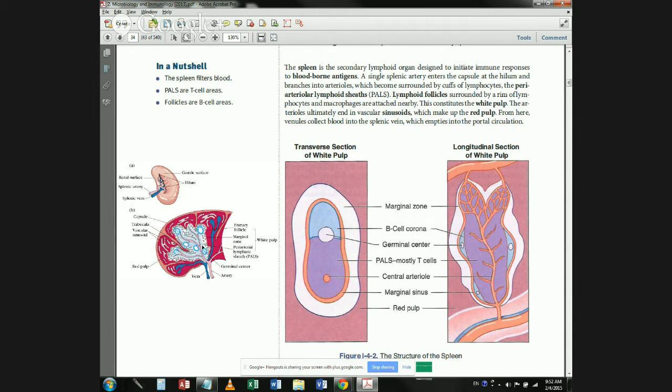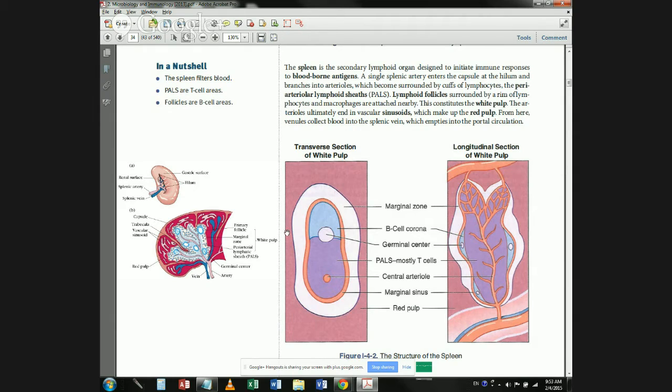Past the PALS is the white pulp with lymphoid follicles that look like vacuoles. They have the lymphocytes and macrophages there, and this is called the white pulp area. And past that is the red pulp, right there. So the arterioles just end in there, and there's all this blood all over this area.